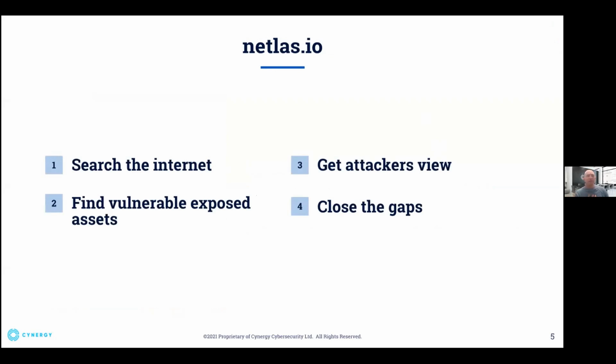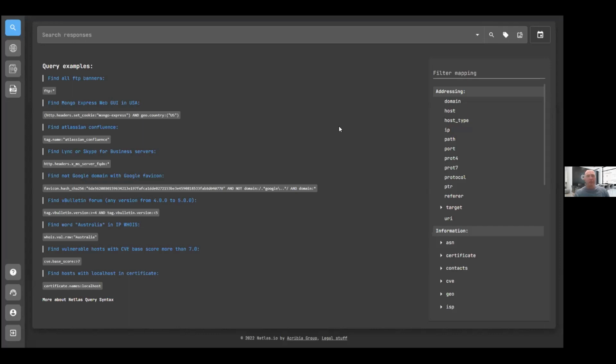It enables me as a threat intelligence analyst to have a more granular view regarding the exposure of the organization. Basically it enables me to understand the exposed assets of the organization, get the attacker's view, and close the gaps that we have. So I'll jump right into the view of NetLast.